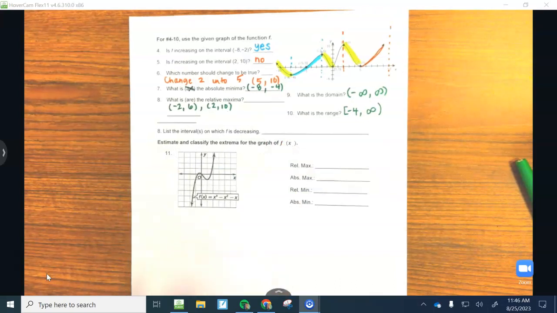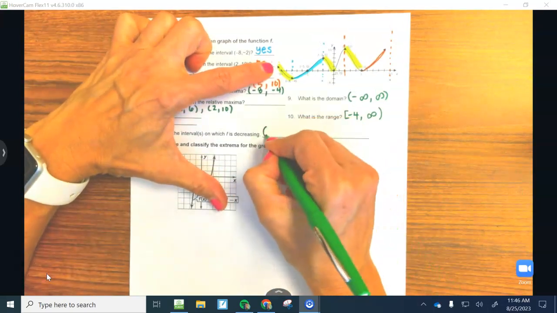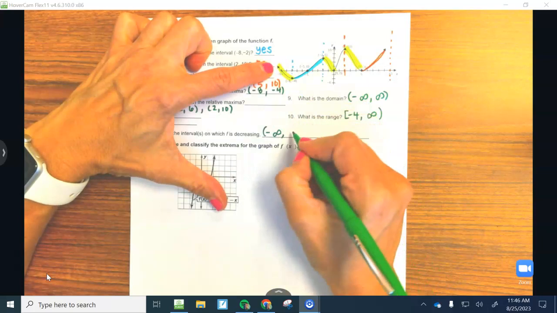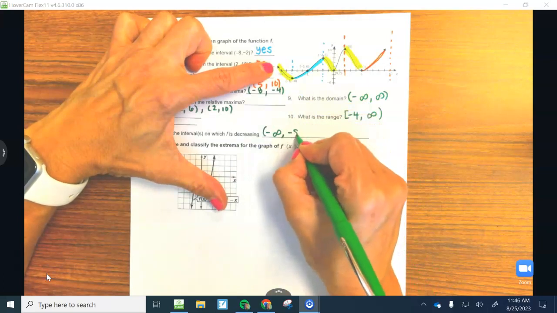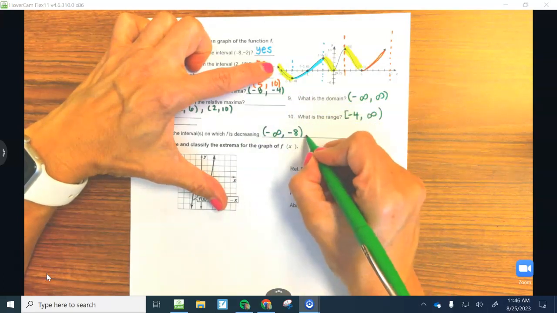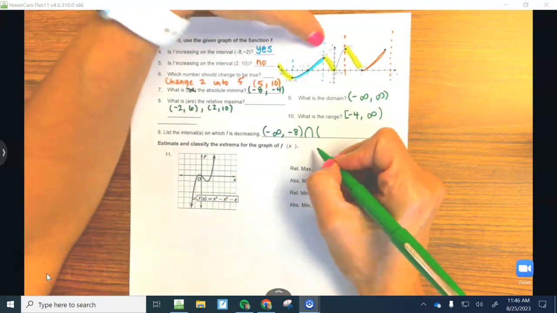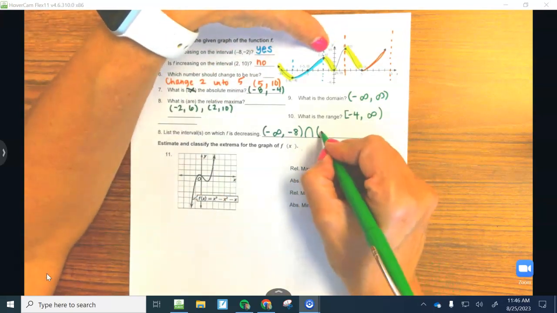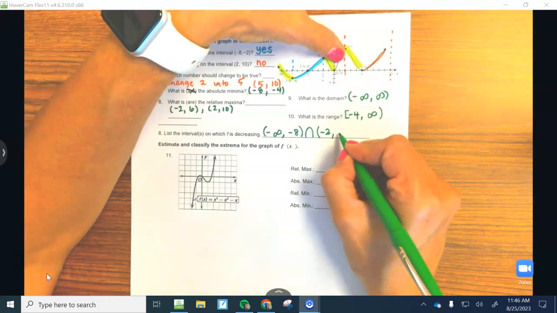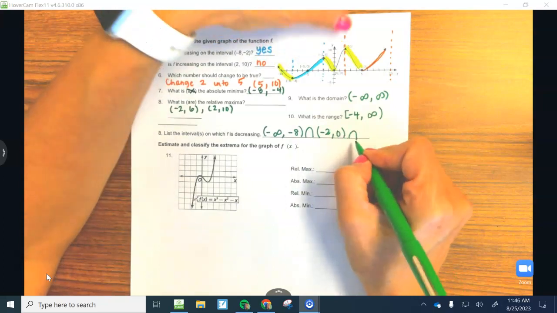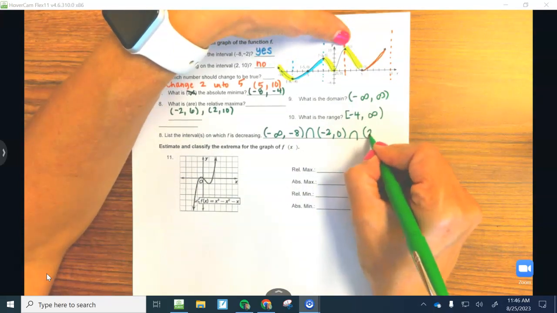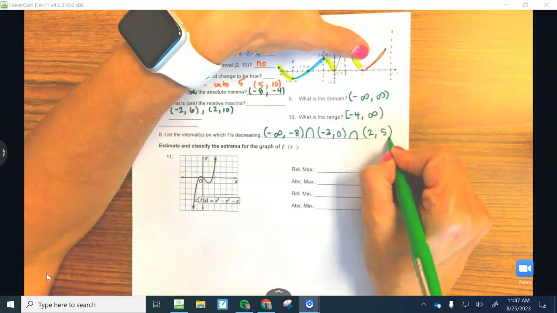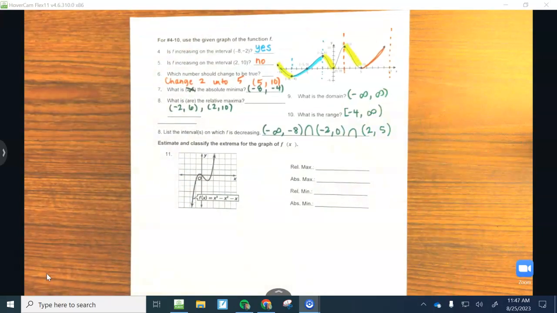So it is decreasing from -infinity to -8, and it is also decreasing from -2 to 0, and one more from 2 to 5. That's going to take care of where those intervals are decreasing.